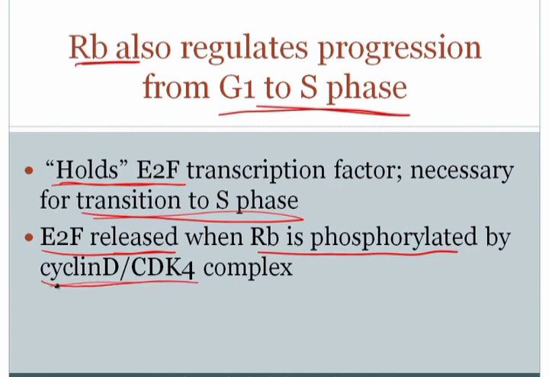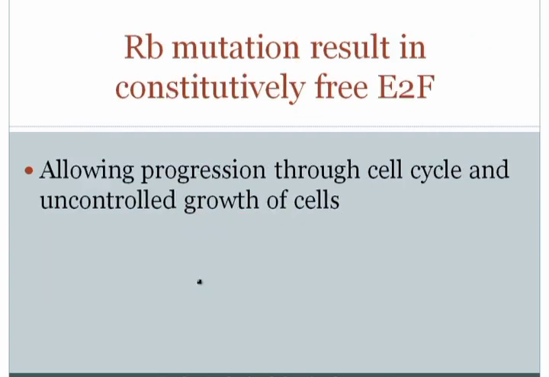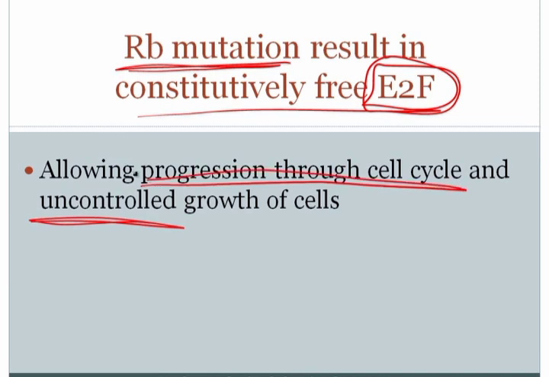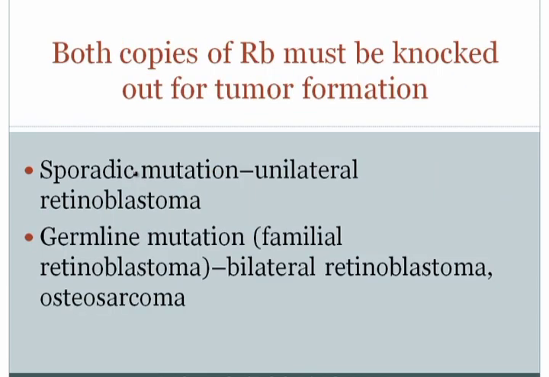Cyclin D CDK4 complex, which has the ability to phosphorylate proteins. If retinoblastoma is mutated, that results in constitutively free E2F, and that allows for uncontrolled progression through the cell cycle. So that's the consequence of retinoblastoma mutation.